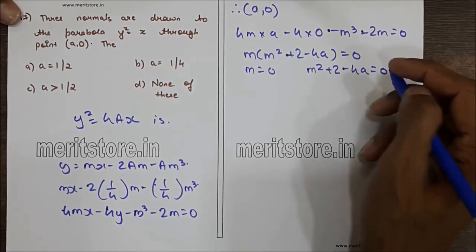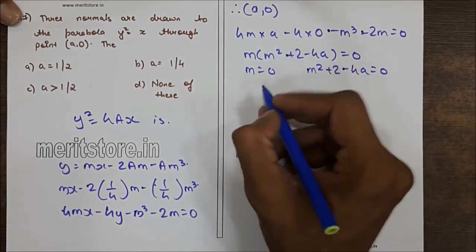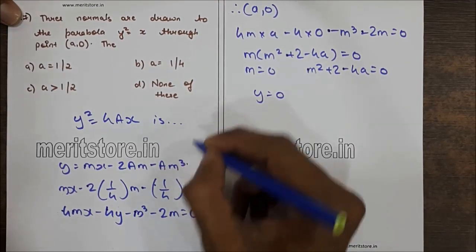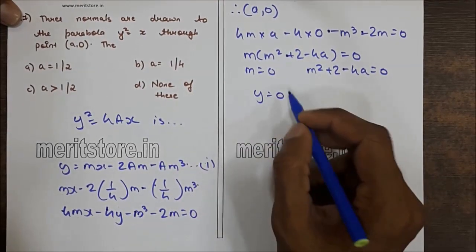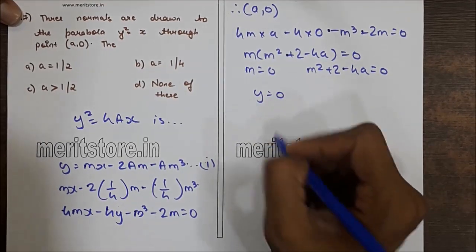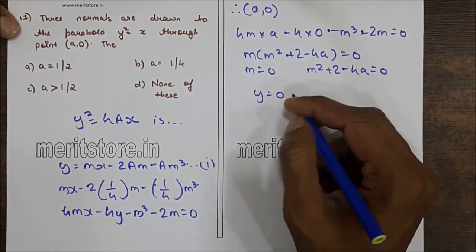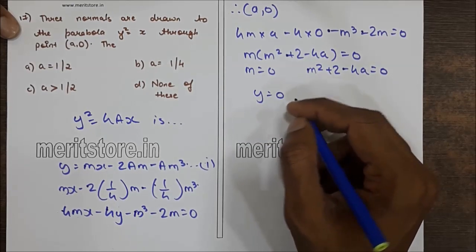So if m is equal to 0, then from equation 1 we get y is equal to 0. That is, the x-axis is one normal.